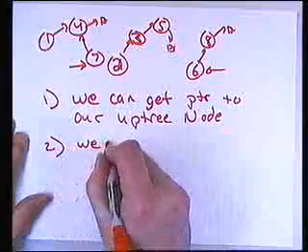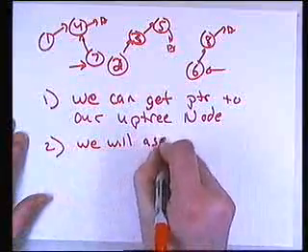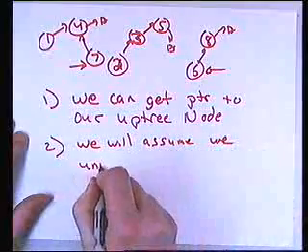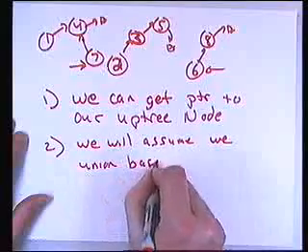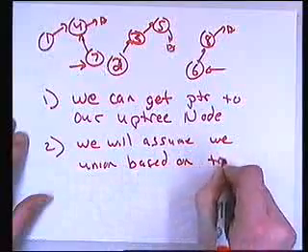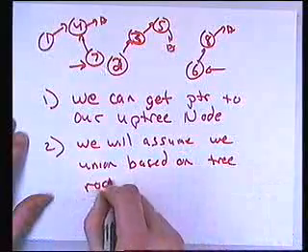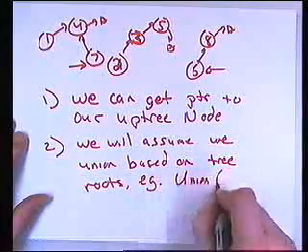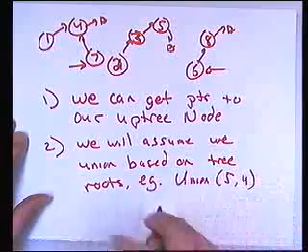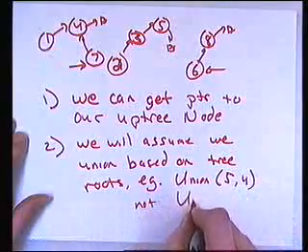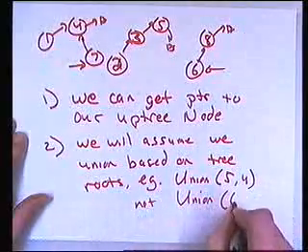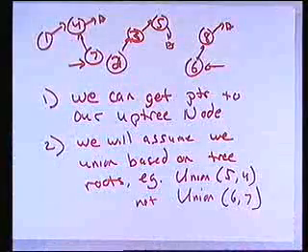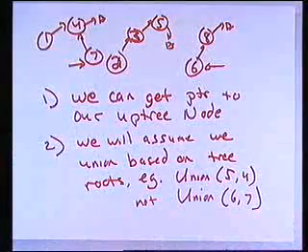Secondly, we will assume you do a union based on the tree roots. For example, union 5 and 4, not union 6 and 7. 5 and 4 are roots, so we can do a union on 5 and 4, not 6 and 7.